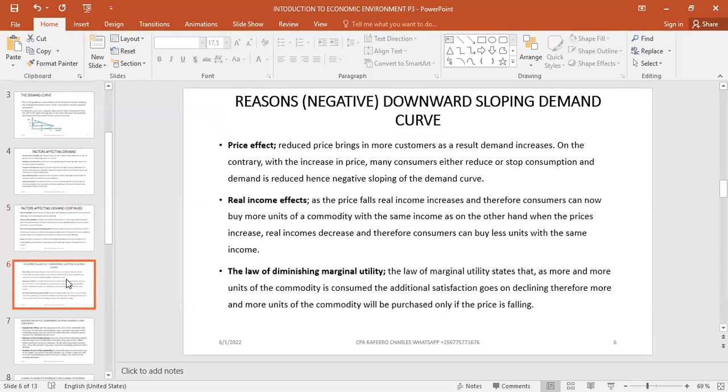So I said earlier that there are some reasons which may cause the demand curve to be sloping downwards. As we said, as per the law of demand, the quantities are going to be high when the prices have reduced, and that is the general thing which we all base on as far as demand is concerned.